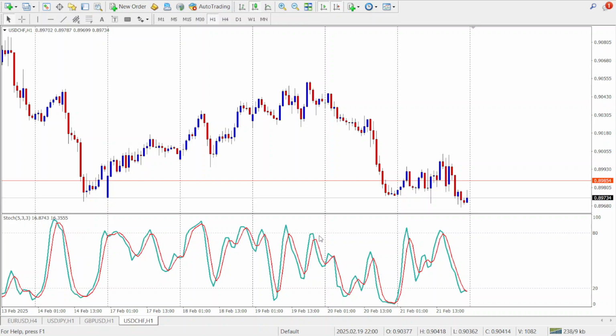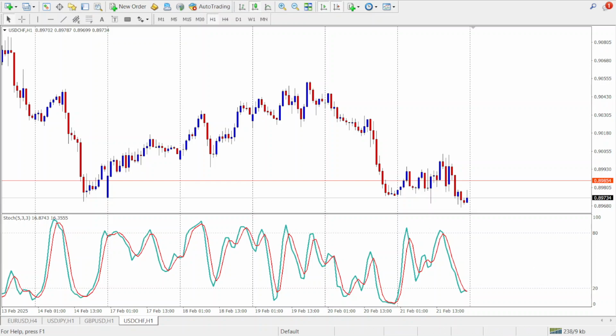Now this would be your potential sell signal. So this is one of the most straightforward ways to use the stochastic indicator in your trades. You buy low and you sell high. The stochastic helps you spot when these conditions might occur.